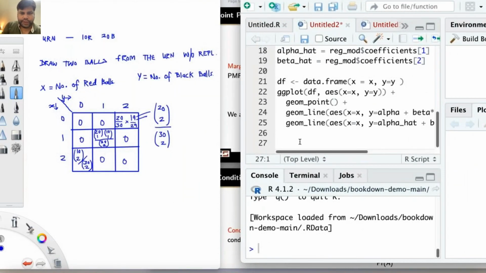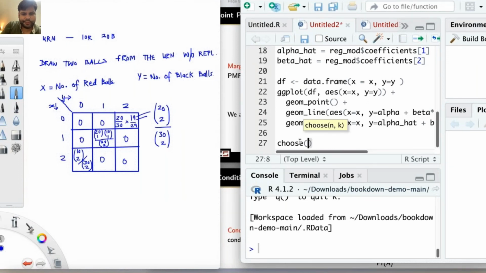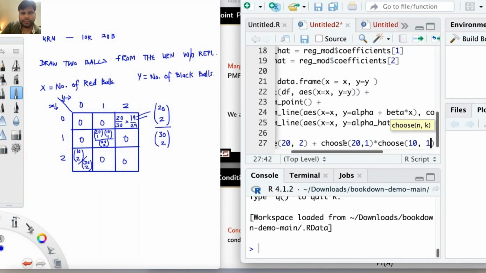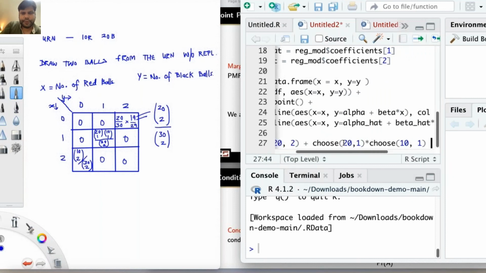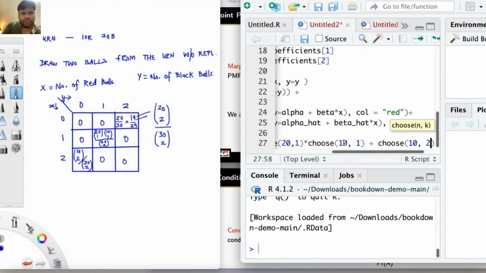Okay, we can quickly check. 20 choose 2 plus 20 choose 1 times 10 choose 1 plus 10 choose 2.